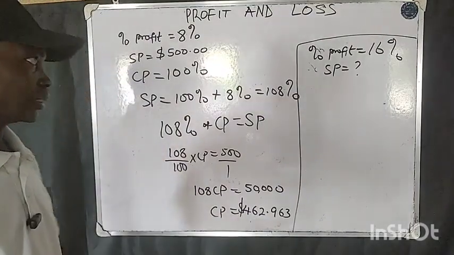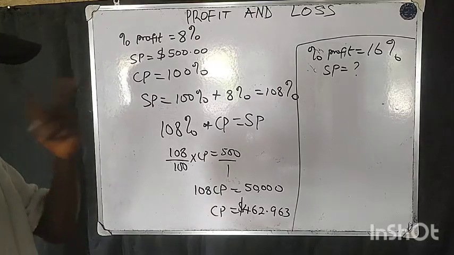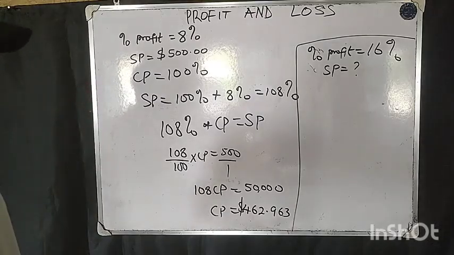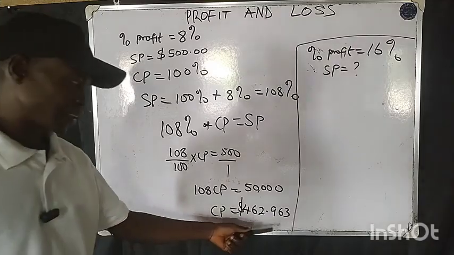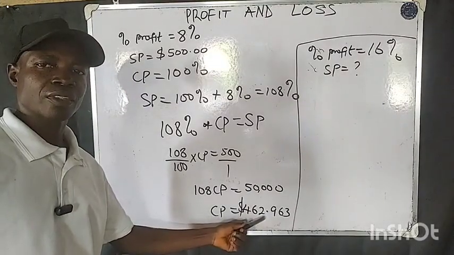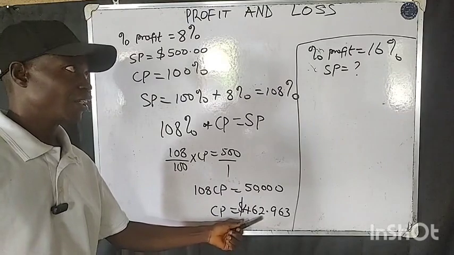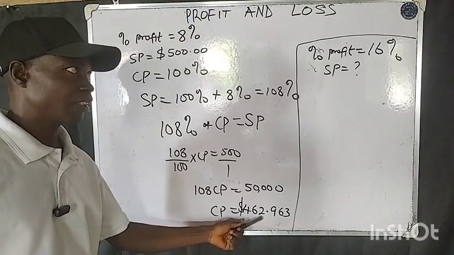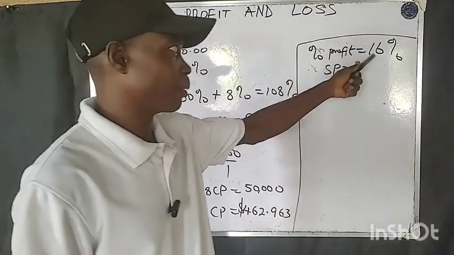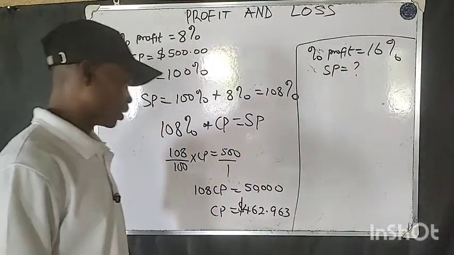So what we are going to do, you already know your cost price, right? So your cost price is this, and there's a profit of 16%, right? This cost price, is it 100% or not? 100%. So to be able to make a profit, you are increasing it by 16%.